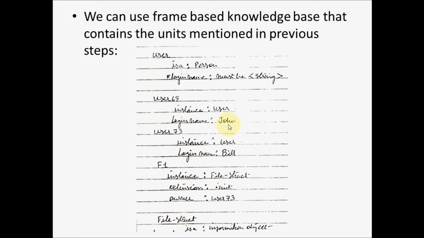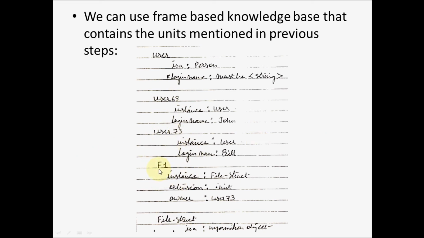So I may be John, correct? Similarly user 73 is also an instance of user, so is a person, and his login name is Bill, correct? So with this I can mean that user 68 is I, the one who wants to print the file, and user 73 is that person Bill whose file I want to print.